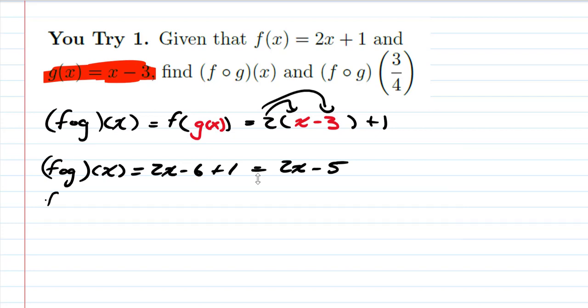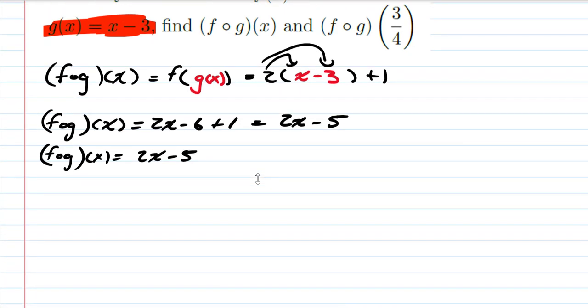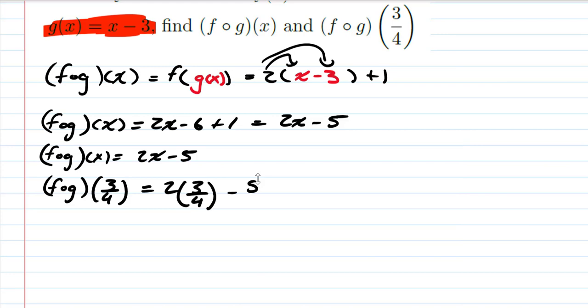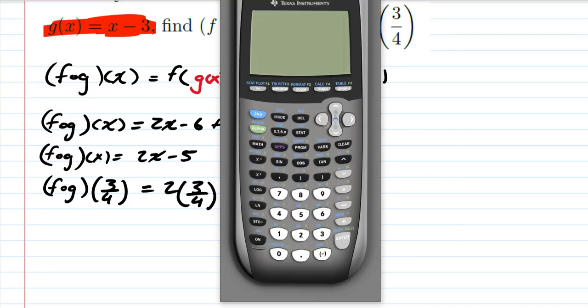So f circle g of x is 2x take away 5, and then the next part is f circle g of 3/4. So f circle g evaluated at 3/4 means we replace our x with 3/4.